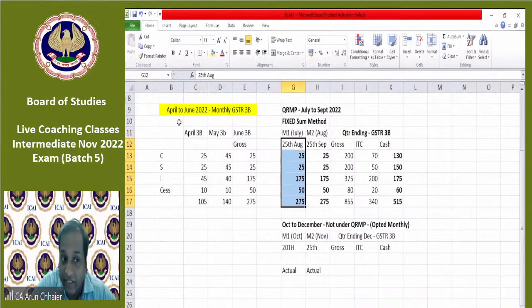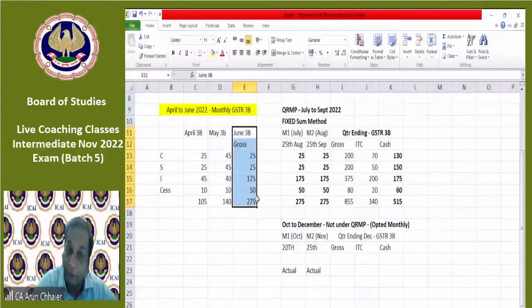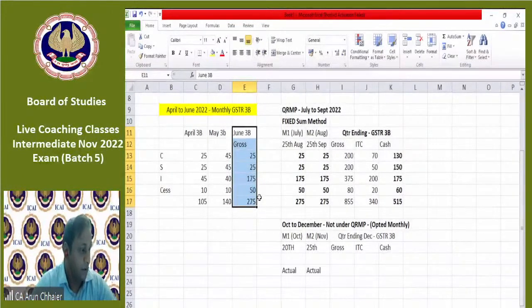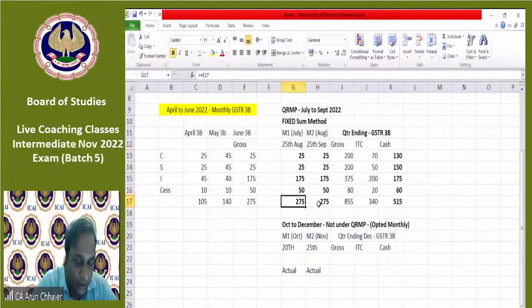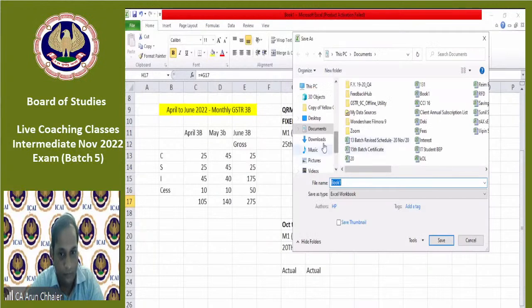If my previous frequency was monthly, then whatever liability I have paid in cash in June, a similar amount I will pay for month 1 and month 2. Clear? Great, Khushi. Somesh, is it okay? I will pay 275 in month 1 and 275 in month 2.